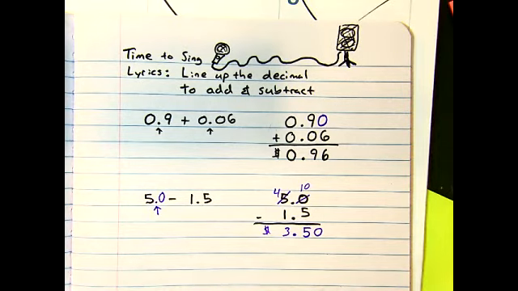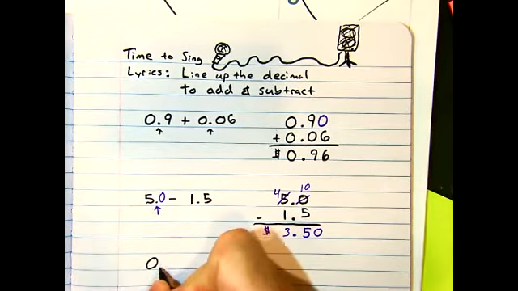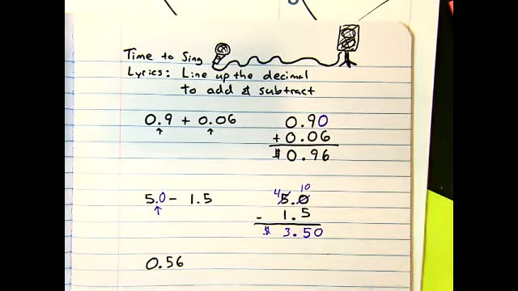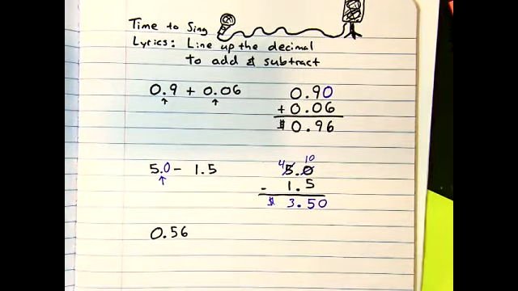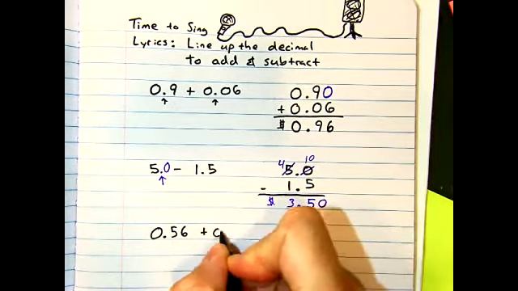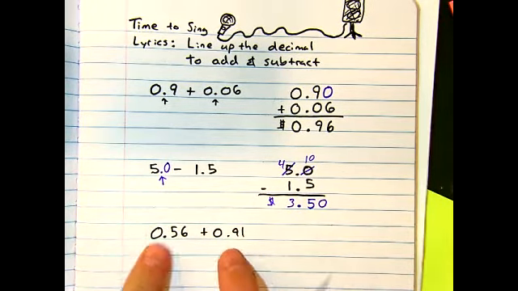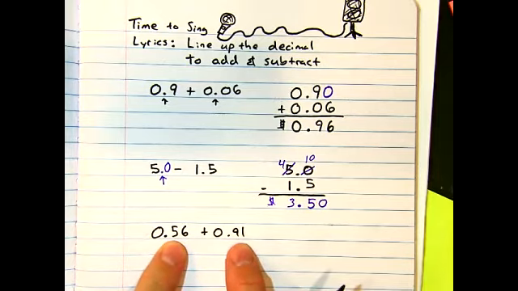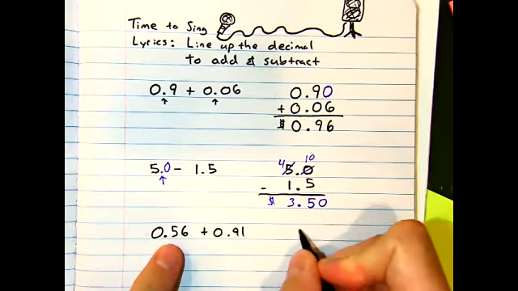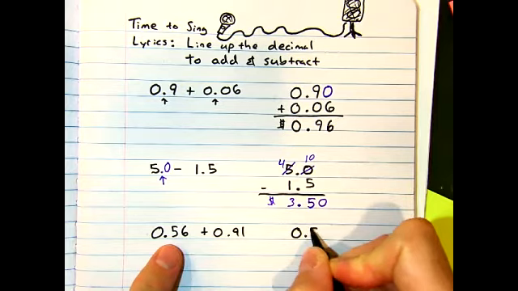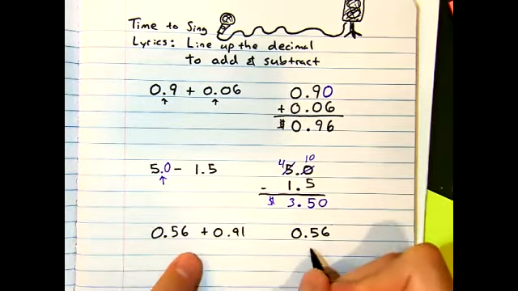Let's do another. 0 and 56 hundredths, 91 hundredths. So I actually have matching place values. I'm not going to get confused. I need to line up my decimals. And in this case, I'll add.